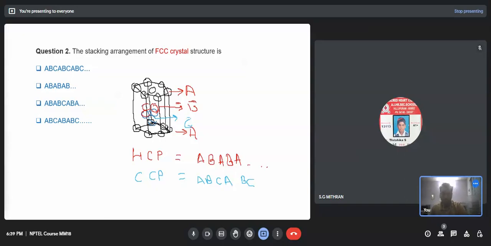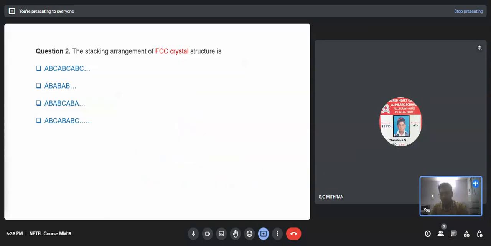Now we'll move to our question. They are asking the stacking arrangement of the FCC crystal lattice. For that I'll draw the FCC crystal lattice.